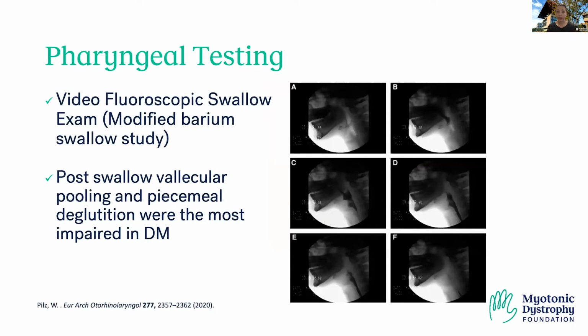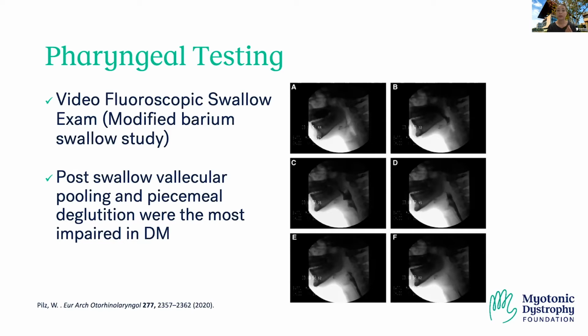How do we make the diagnosis? For looking at the problems with the initial phase of the swallow, we often use the modified barium swallow. This looks at how you swallow different liquids and food through the initial phase.